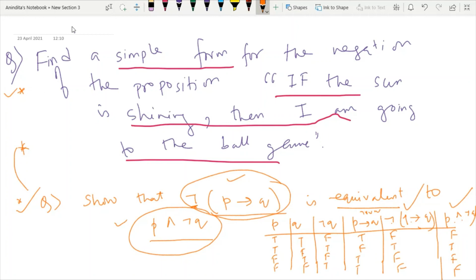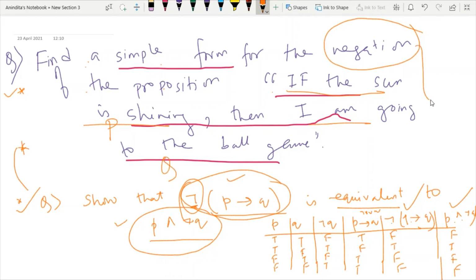Now I will try to relate how this problem is related to this problem. Now compare this. What it is written here, find a simple form of the negation of the proposition if the sun is shining means P, then I am going to the ball game Q. Means what is the actual representation of this real world scenario?